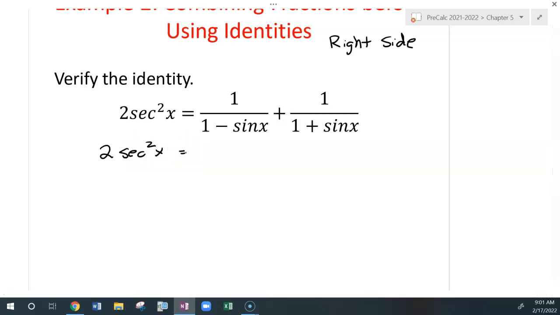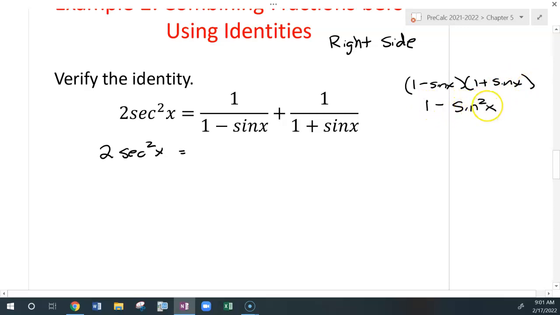And what I'm looking for is a common denominator. Notice I have 1 minus sine x and 1 plus sine x. If I multiply these together, 1 minus sine x times 1 plus sine x, I'm going to get a difference of two squares. So I'm going to get 1 minus sine squared x. So that's going to be my common denominator.